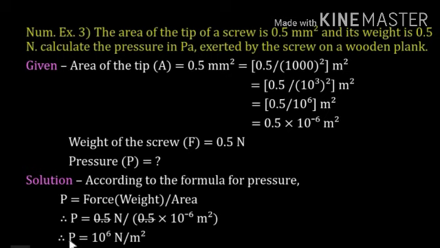Then the 0.5 in the numerator and 0.5 in the denominator will both be cancelled by each other. Therefore, we will get this 10 raised to minus 6 to be taken into the numerator, so the sign will get changed. Therefore, P is equal to 10 raised to 6 Newton per meter square. That means Pascal.